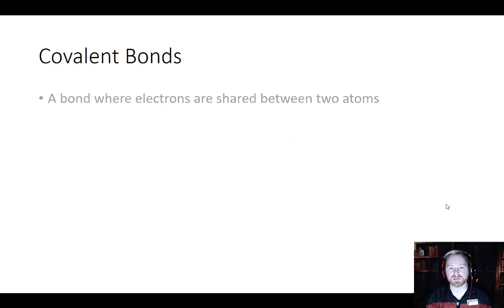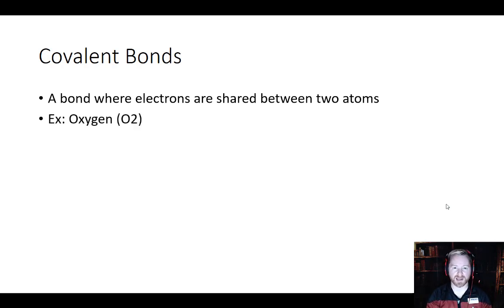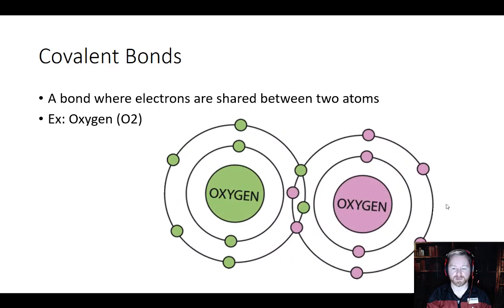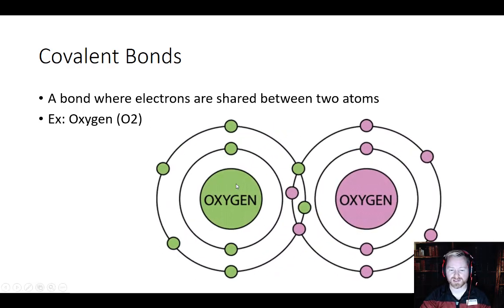So looking at covalent bonds first. Again, this is a bond where electrons are shared between two atoms. We'll use dioxide, atmospheric oxygen, as our example. And you can see here's an oxygen. Oxygen has an atomic number of 8, and that means it has 8 protons and 8 electrons, right? So 2 in the first shell, and then 6 in its outer.